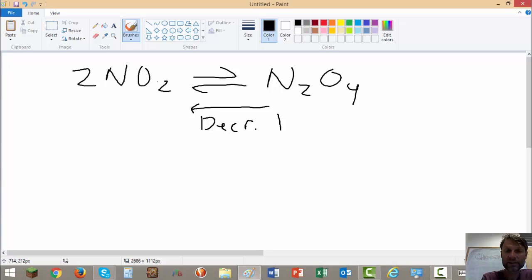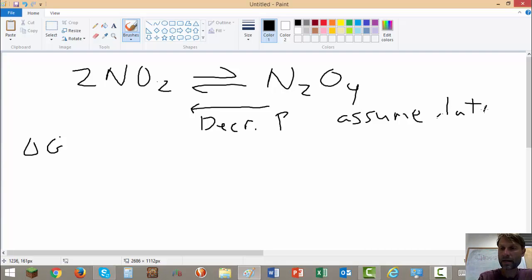So we're going to decrease the pressure, and now we're going to calculate a new delta G, and let's once again write down our assumptions. Assume 0.1 atmosphere is the pressure of the gas.